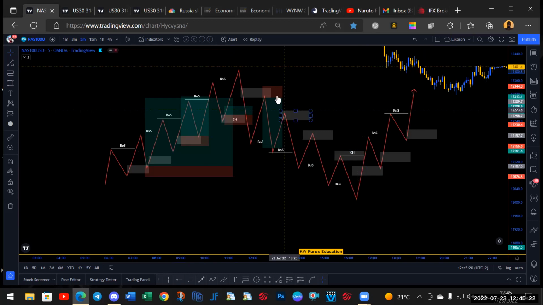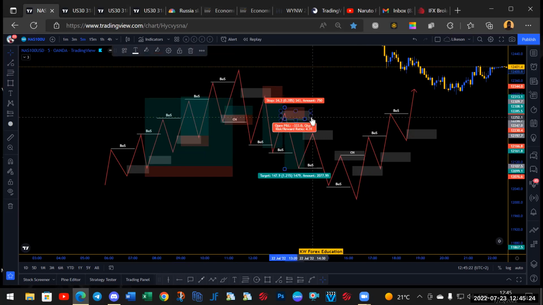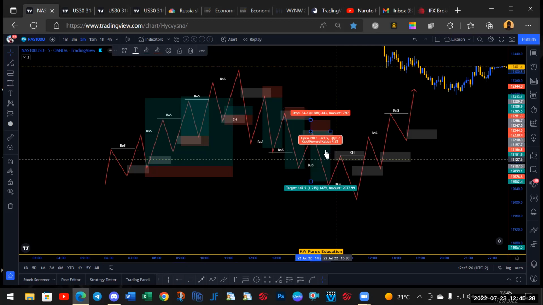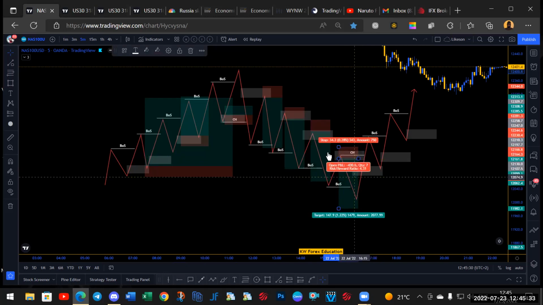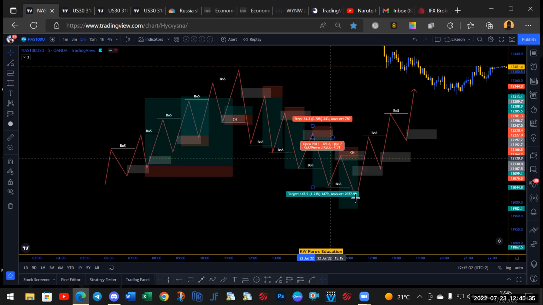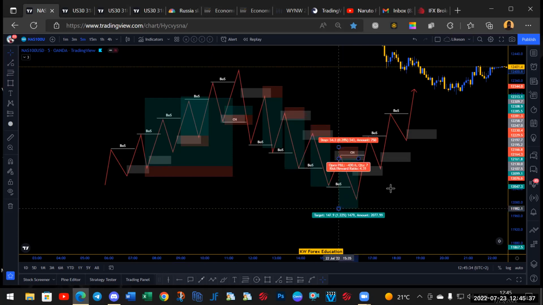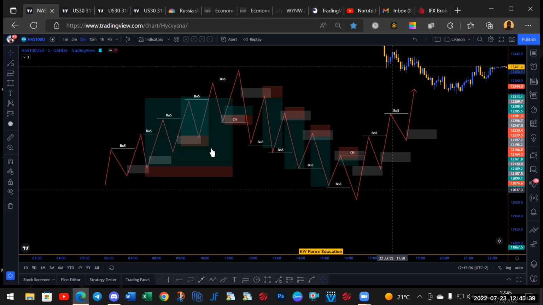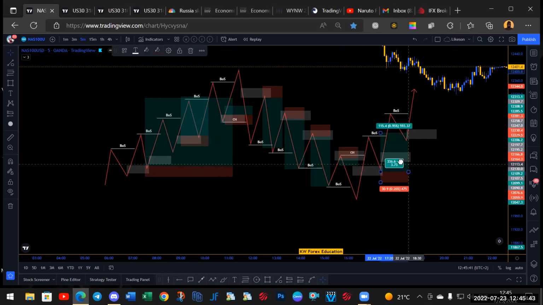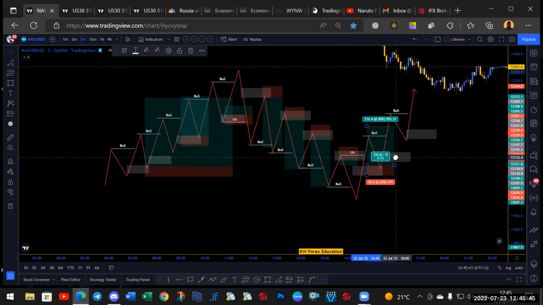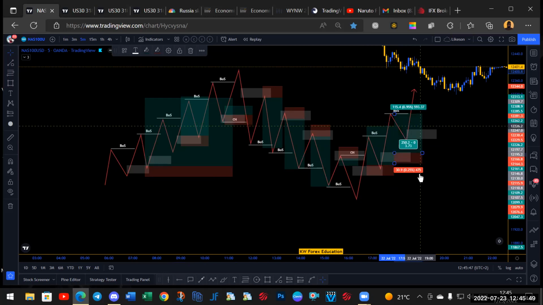So here you just keep on selling there, sell there again, and it fails and hits your stop loss. But as a trader, you don't give up. You already know what you're getting yourself into. You knew that losses will be part of the game. Sometimes this one does not even get mitigated.